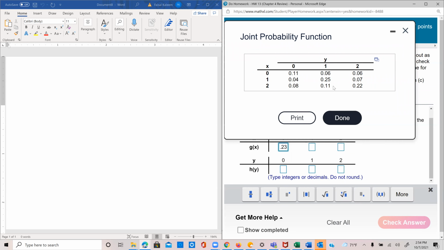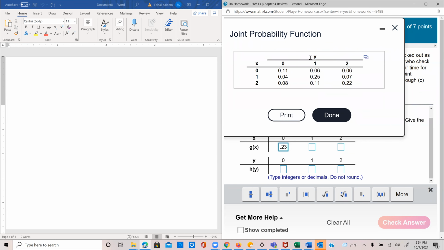And then x is equal to 1 is the second row, so 0.04, 0.25, 0.07, they add up to 0.36. And x is equal to 2 is the third row, 0.19, and then 0.41.